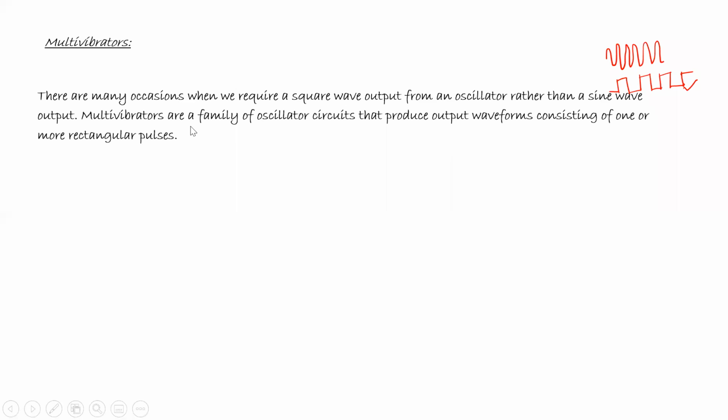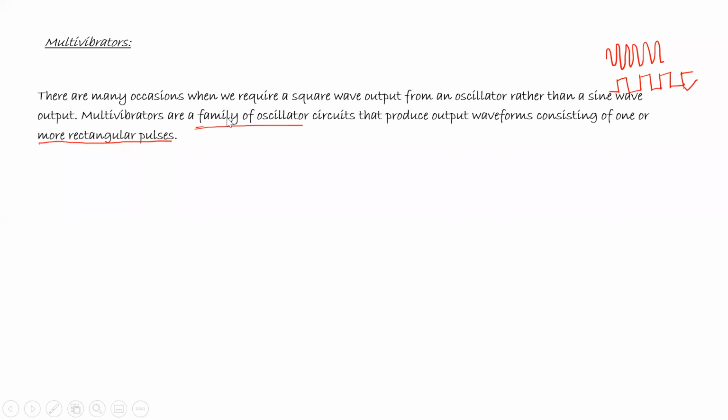They belong to the family of oscillators, but they generate rectangular pulses or square pulses like this. Understand the difference between the oscillator and the multivibrators now?